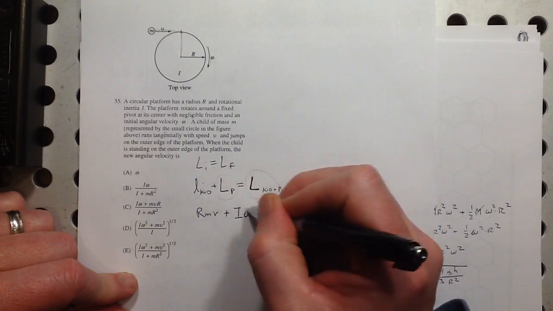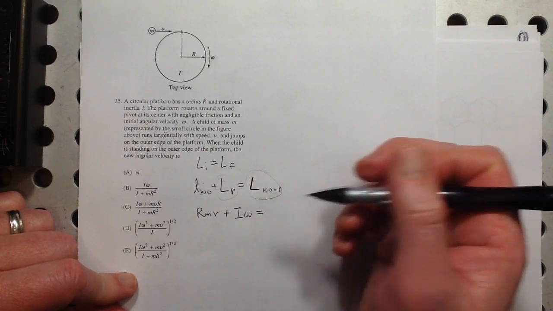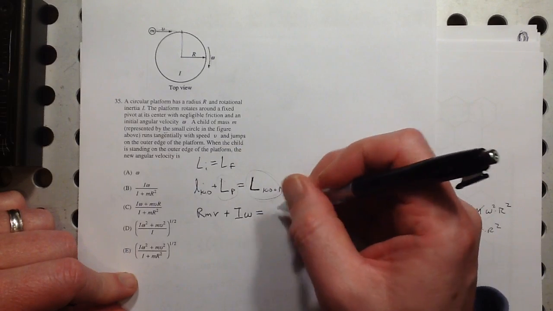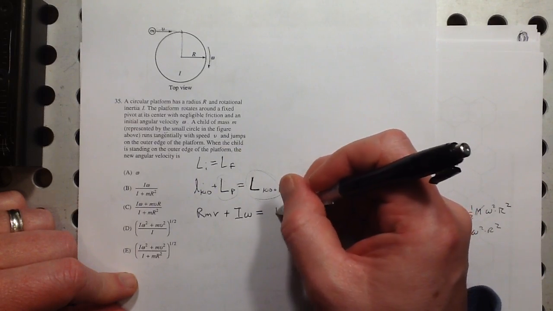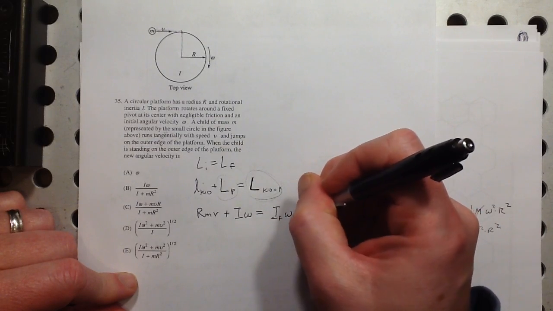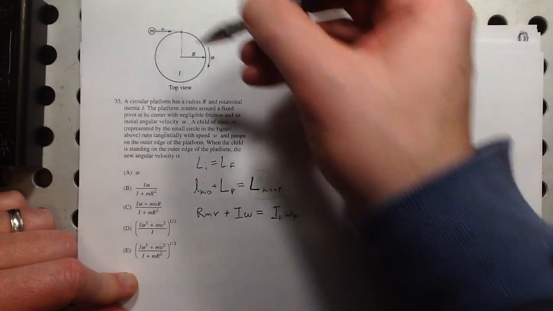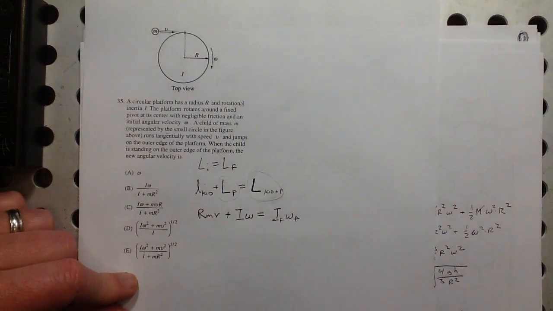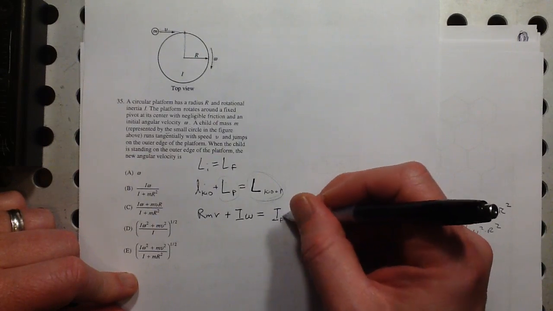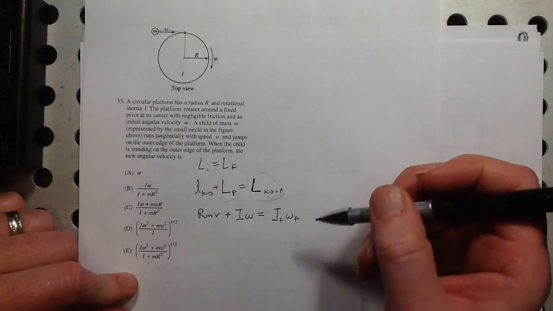Get familiar with what these things look like on the formula sheet. And then afterwards, I've got the I final, omega final. So the I changes because you plopped a kid onto the edge of that thing. So there's that, and then I think this is the thing we're trying to solve for.